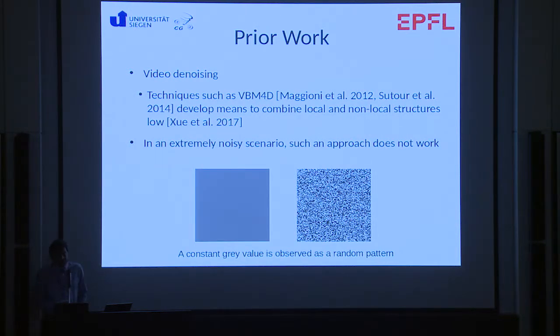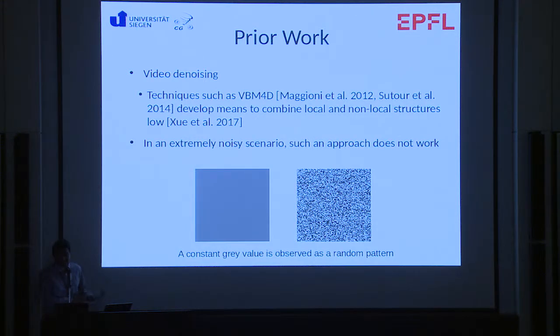One could probably think of applying standard video denoising methods. There are popular methods for video denoising, which work well for Gaussian or Poisson distributions. Most of these methods first try to combine pixels based on some criteria, either picking pixels that are close by or pixels which have similar intensity.